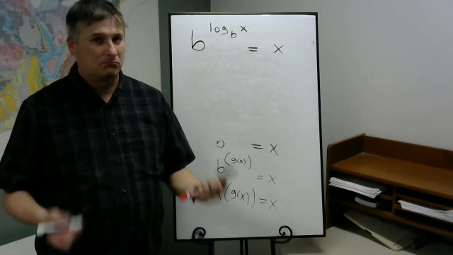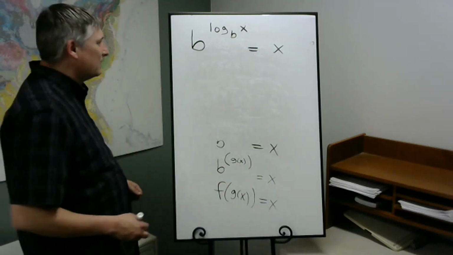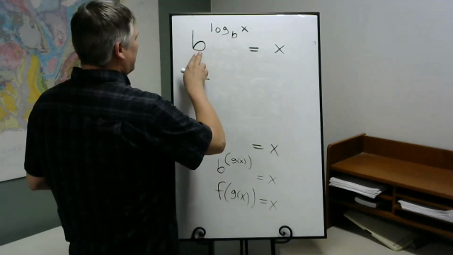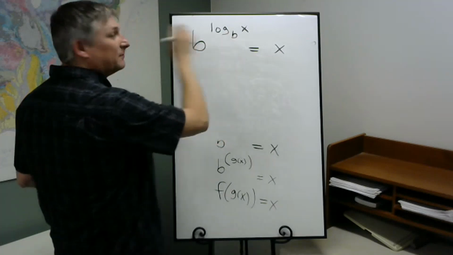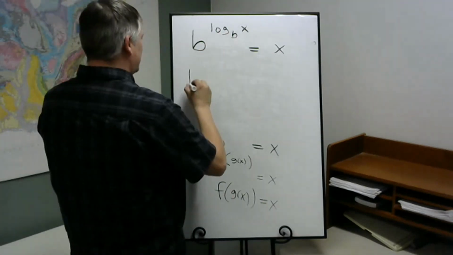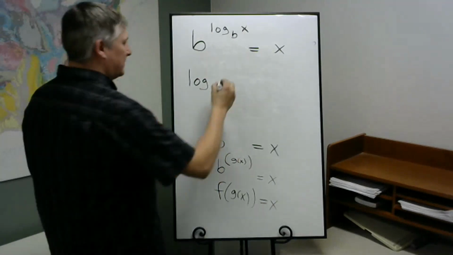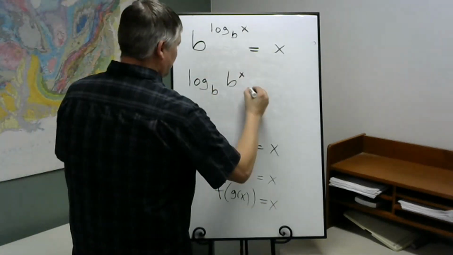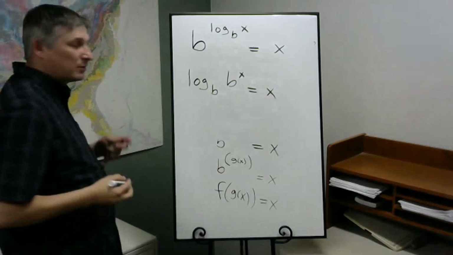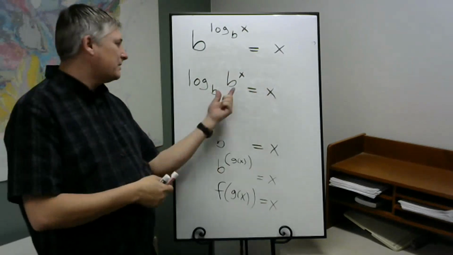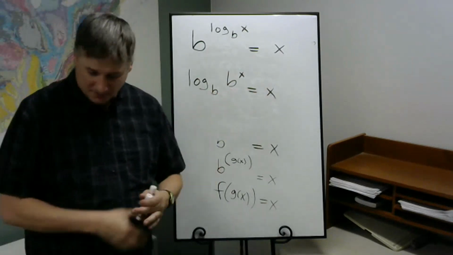If they don't match, this doesn't work. So we have f, and this is g of x, so f of g of x. So now let's take g of f of x. Well, f of x is b to the x. So we're going to get this. Again, the bases have to match.